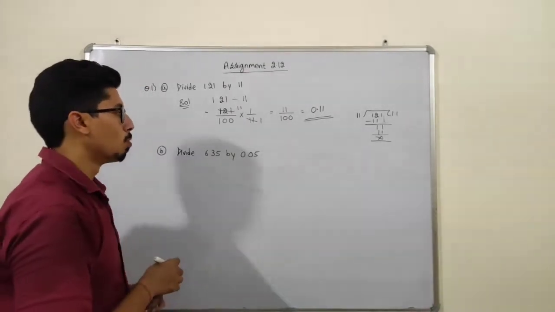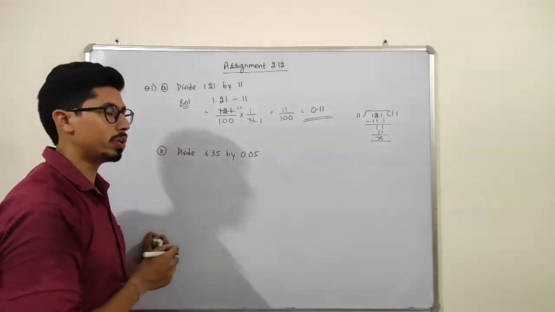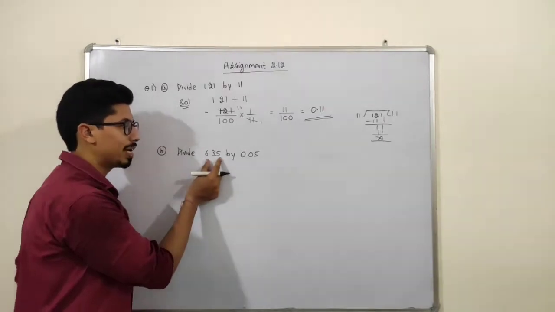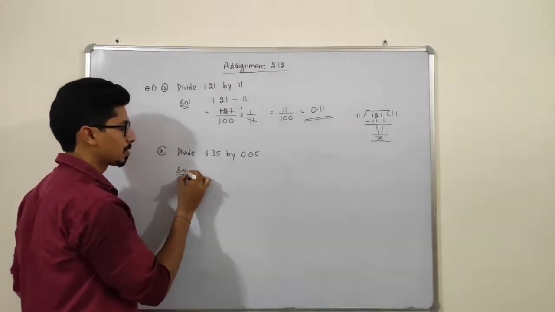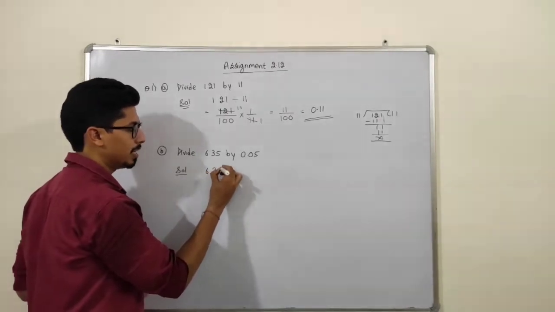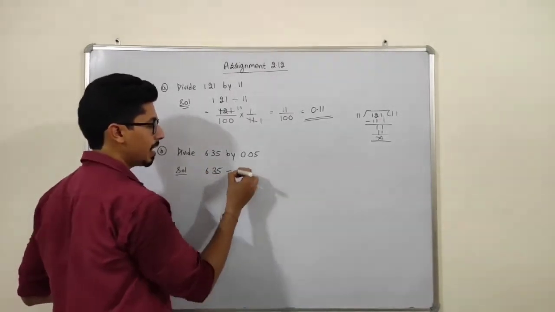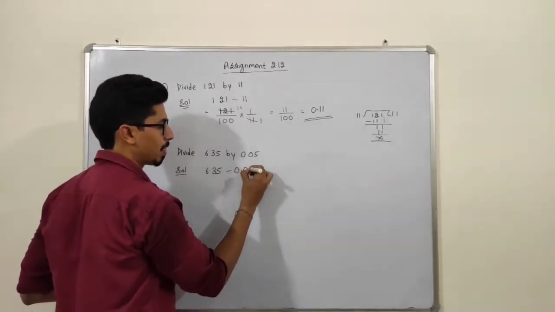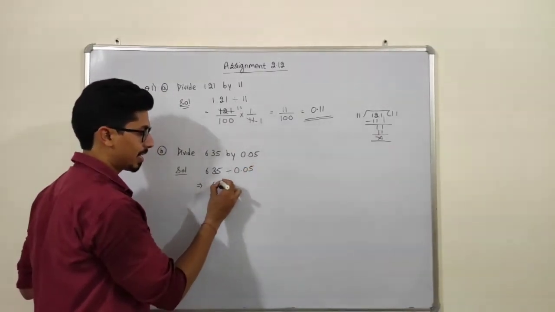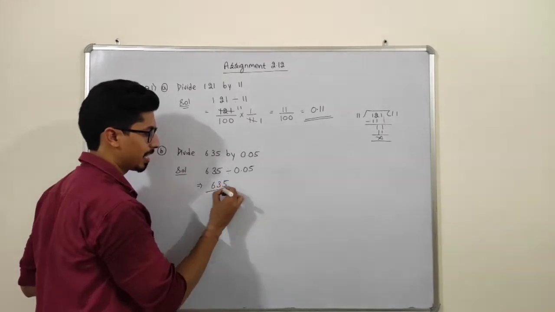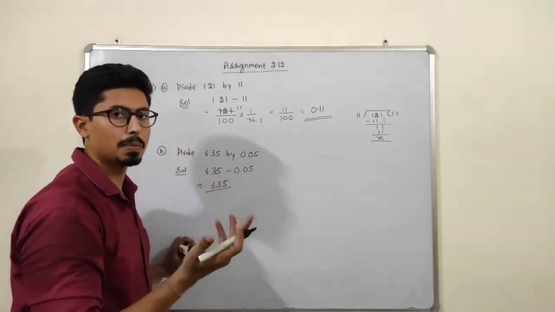Okay. So moving forward to our part number B, students, we have to divide 6.35 by 0.05. Similarly, we take 6.35 as 635, that means I remove the decimal portion.